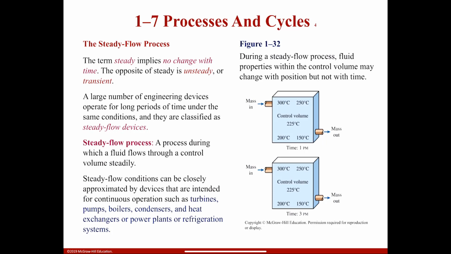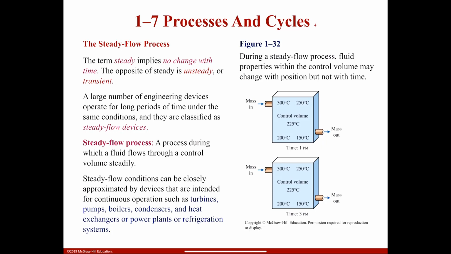A steady flow process is defined as a process during which fluid flows through a control volume steadily. It has the same pace and goes under the same circumstances over and over again. Steady flow conditions can be closely approximated by devices that are intended for continuous operation, such as turbines, pumps, boilers, condensers, heat exchangers, power plants, or refrigeration systems.